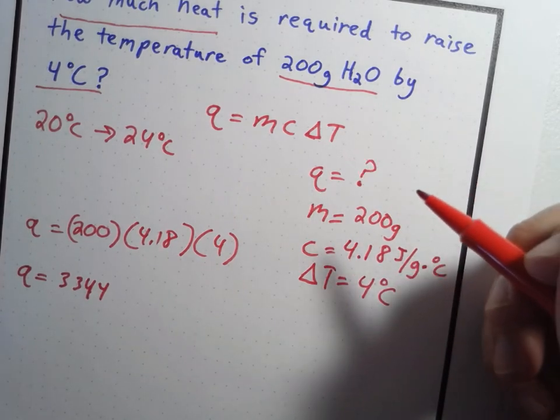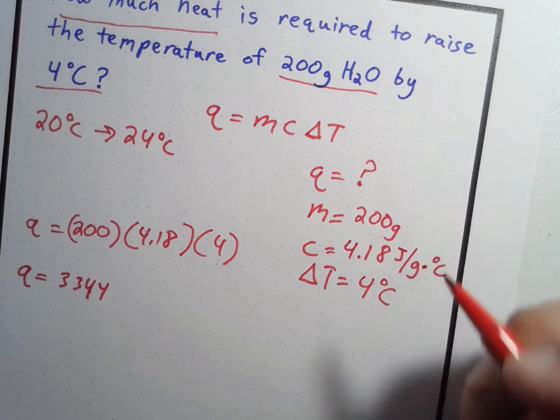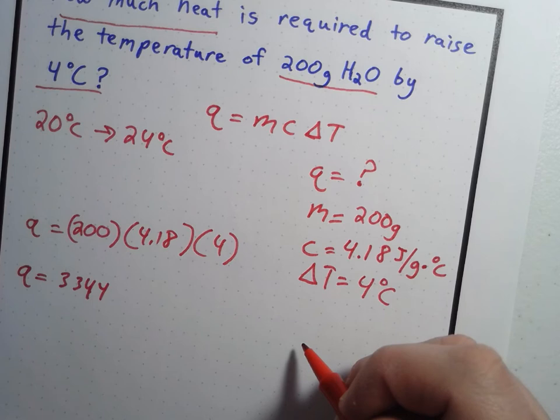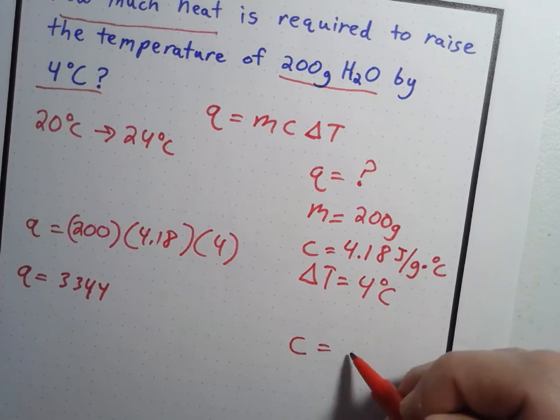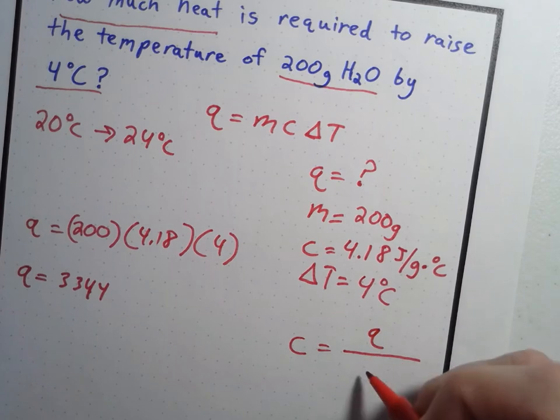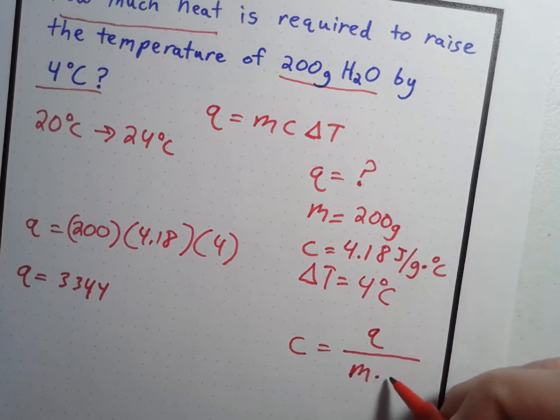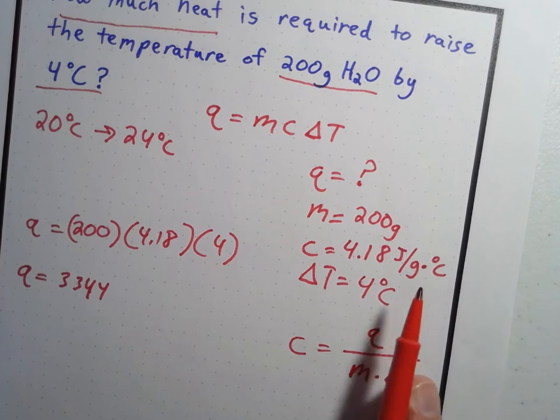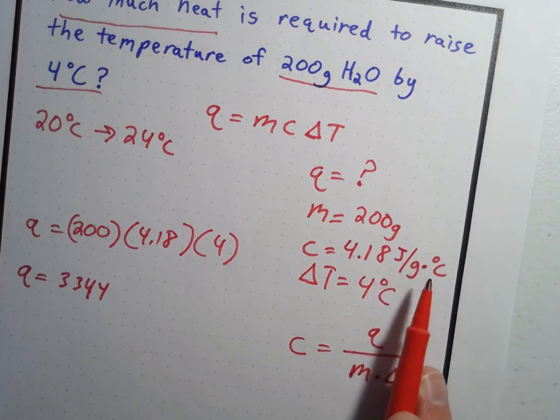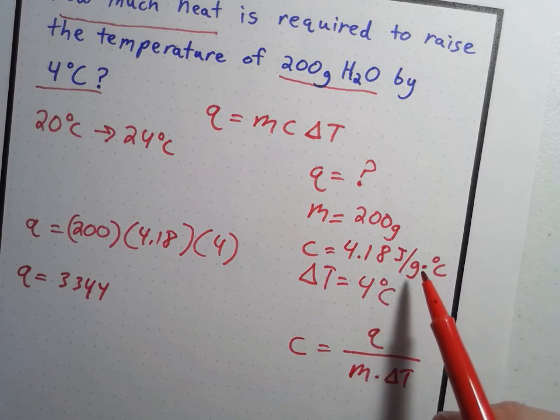It would basically be C equals Q divided by M times delta T. So that's why this unit is what it is. It's the unit for Q divided by the unit for M times the unit for delta T. So it's joules per gram times degrees Celsius.